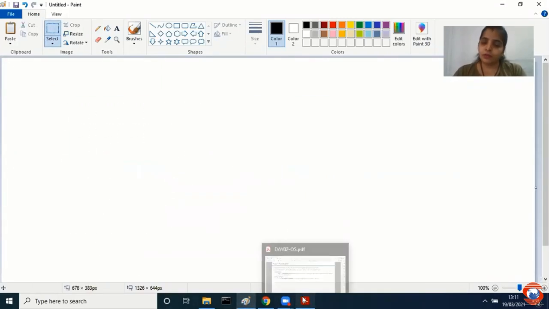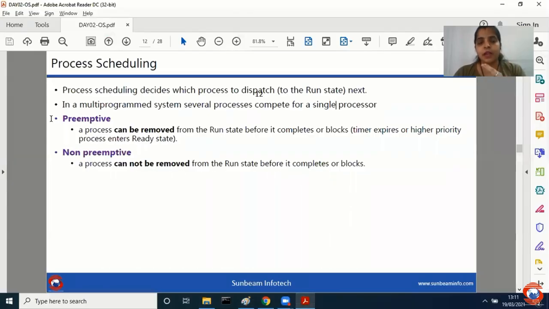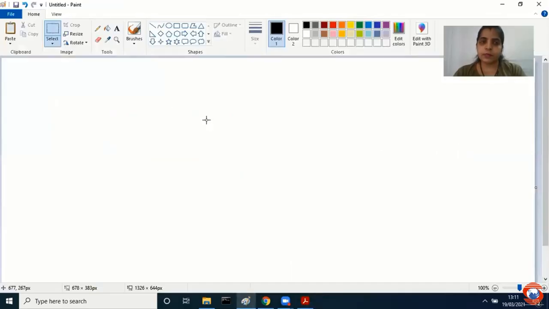All right. Now, when we talk about process scheduling, there are two major categories. One is preemptive, another is non-preemptive. For example, suppose I have processes P1, P2 and maybe P3, a ready state and a running state.